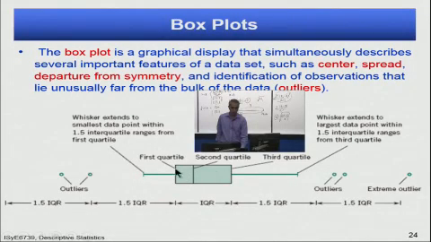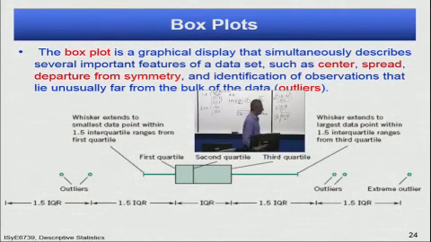And this guy is the range. So it's also a measure of variation or spread. How about symmetry? Forget about whiskers. Just focus on the box. How can I tell from that box whether the distribution is symmetric or not?